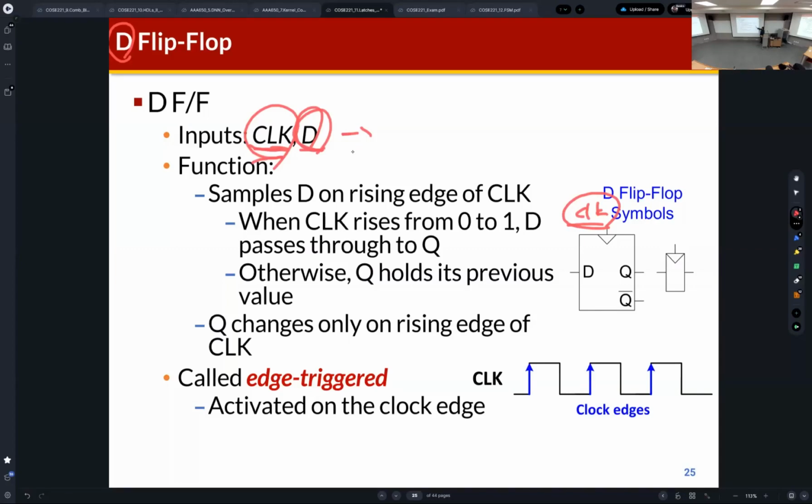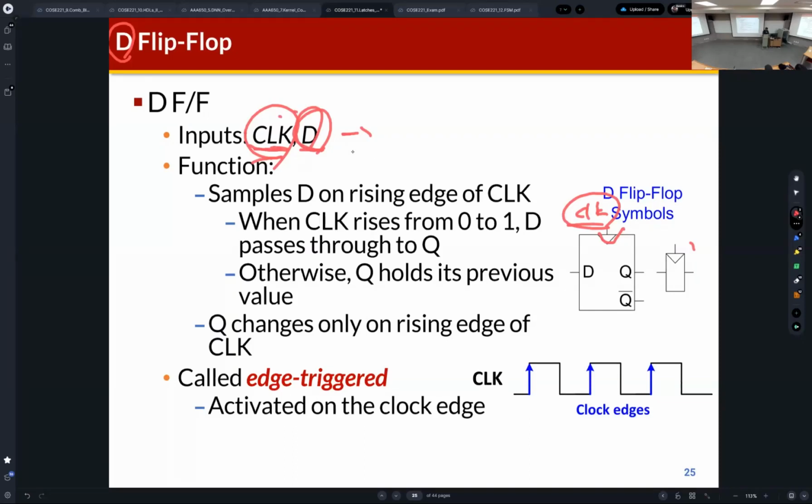Then you can also find Q and Q bar. Only this triangle symbol is different. You can find this triangle symbol on the input of the clock signal.